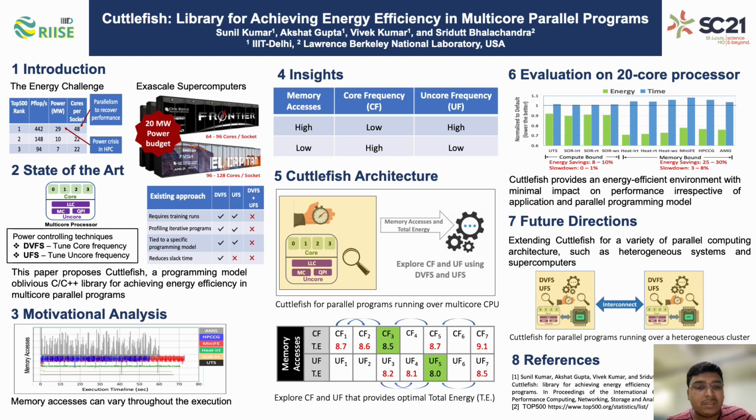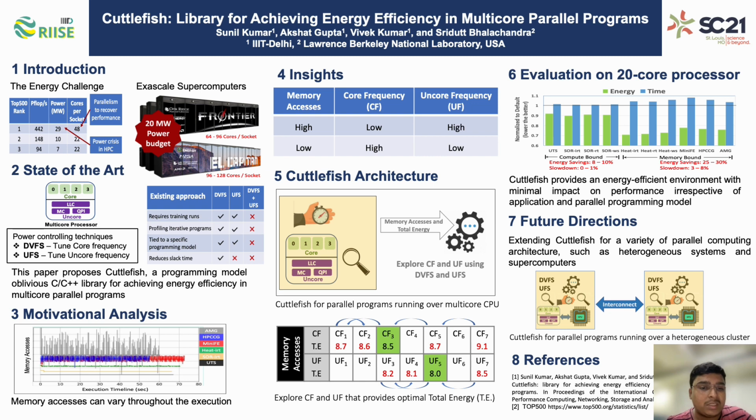The highest frequency in this case is CF7, and we got a total energy consumption of 9.1. Then it reduces the frequency level to CF5 and reads the energy consumption, and keeps on decreasing the frequency level until it sees higher energy consumption. It also creates a log of energy consumption for different frequency levels, and then finds the frequency level which consumes the least total energy and considers it the optimal frequency.